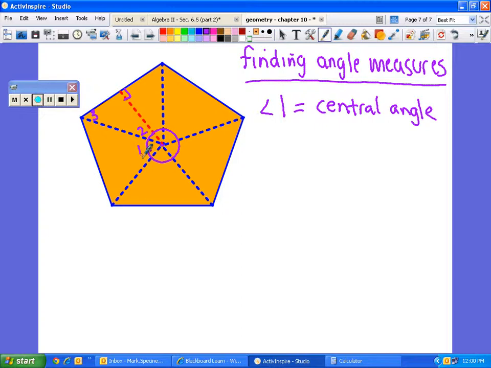How many of these central angles do I have here? I have 5. So if I want to know the measure of one central angle, I'm going to divide 360 by however many central angles I have. In this case I have 5. So the measure of angle 1 is 72 degrees.